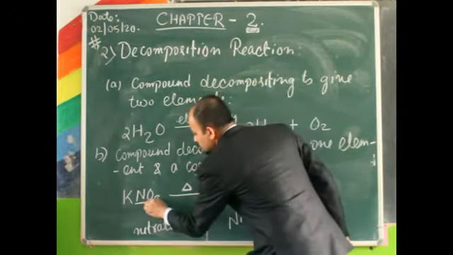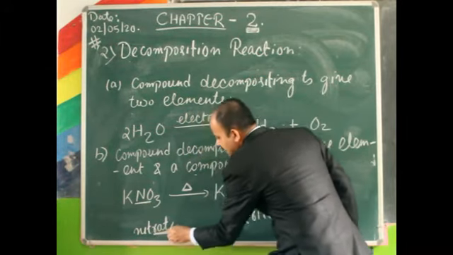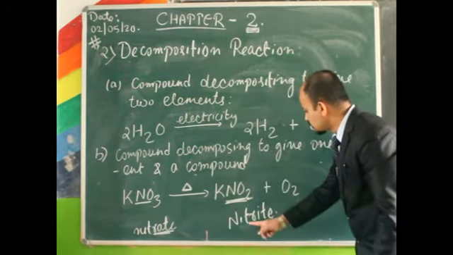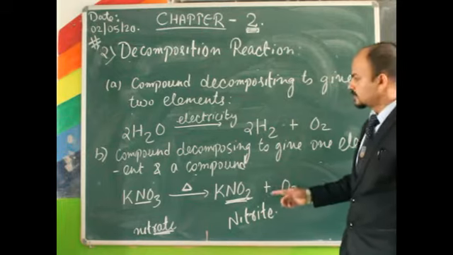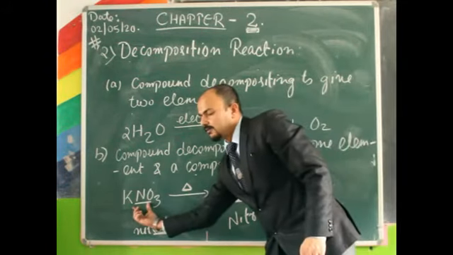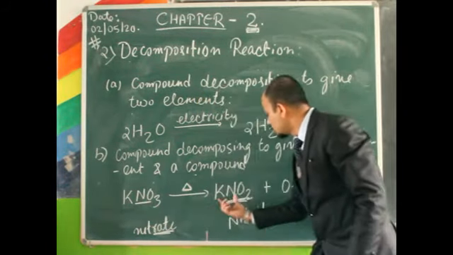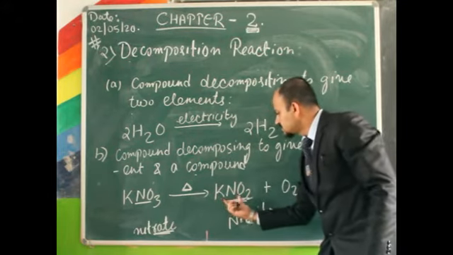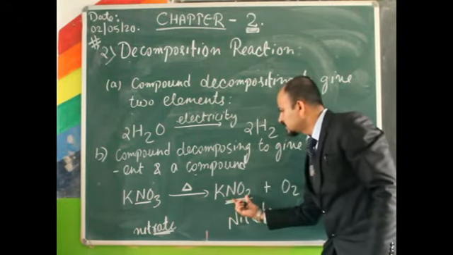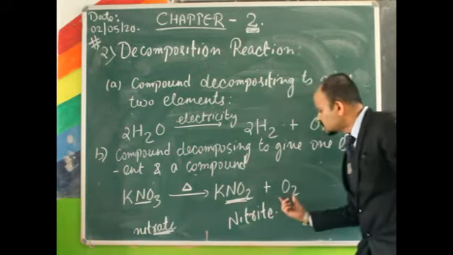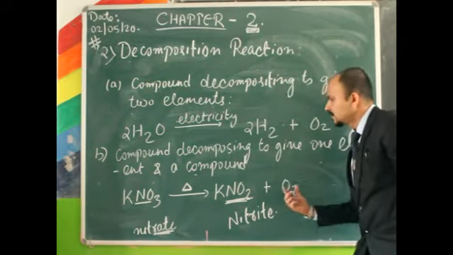NO3 is known as nitrate and NO2 is known as nitrite. So this one compound, whenever it is heated, it gives you a compound, potassium nitrite. Okay, this is one compound and one element.